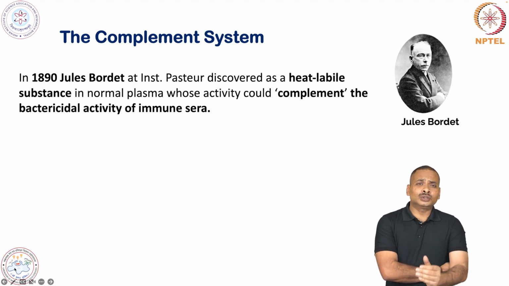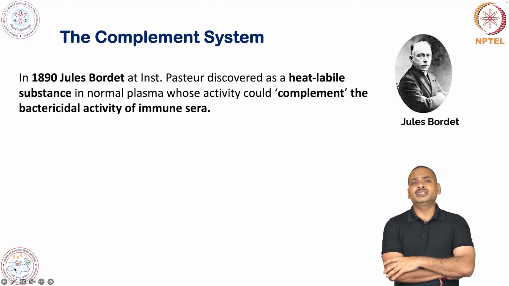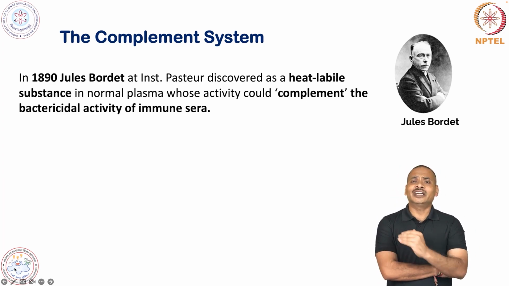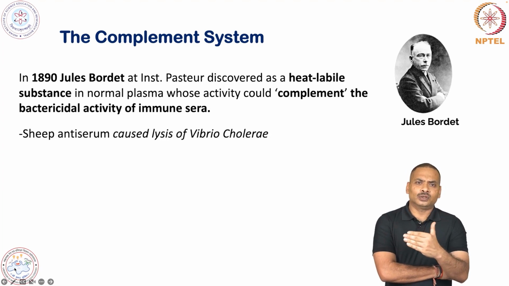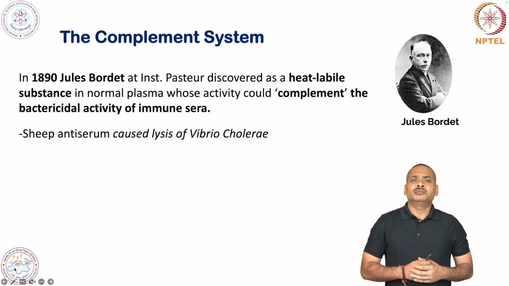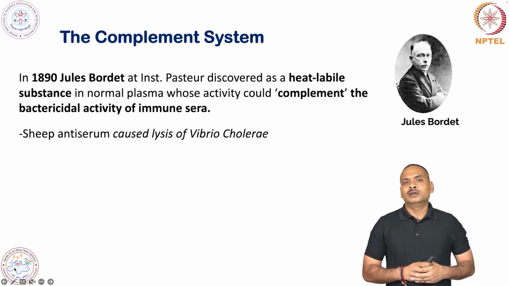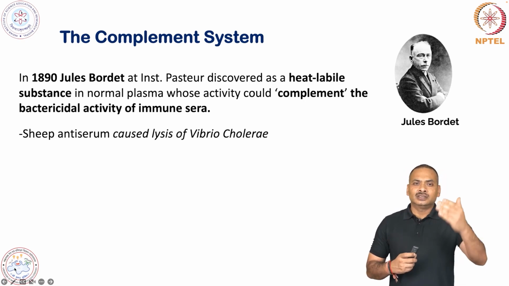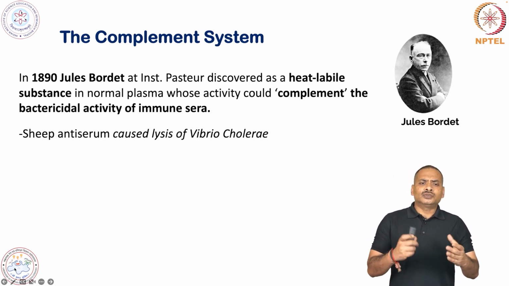And he also suggested that these complement proteins or these factors are present in zymogen form. This zymogen form is an inactive form, like you know that there are several enzymes which are present in inactive form, and we call it the zymogen form, or pro form, and this pro form gets activated when there is some cleavage of this protein. So this was the observation.